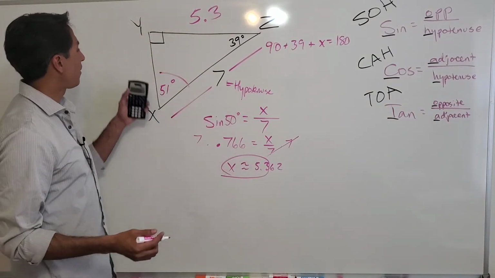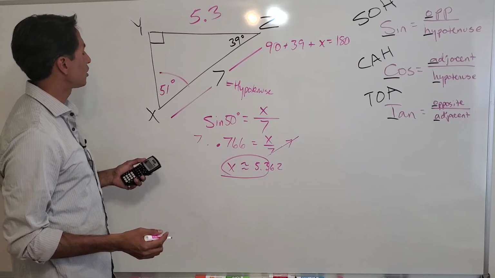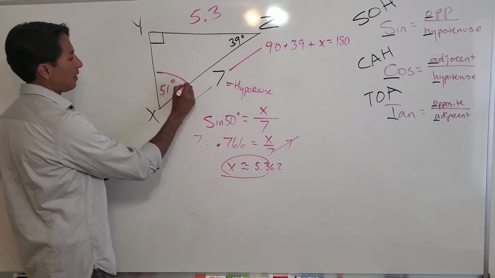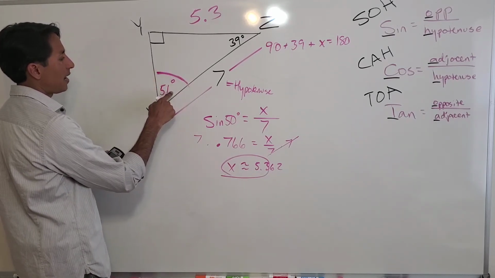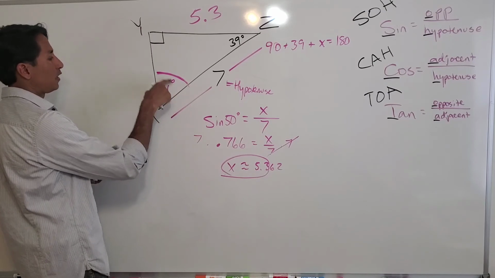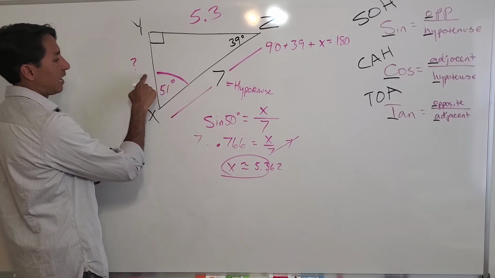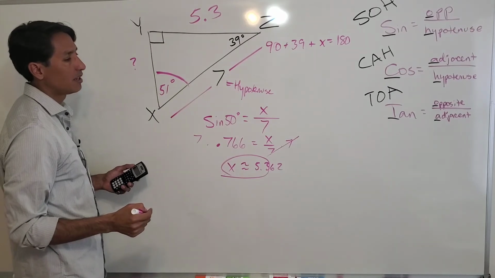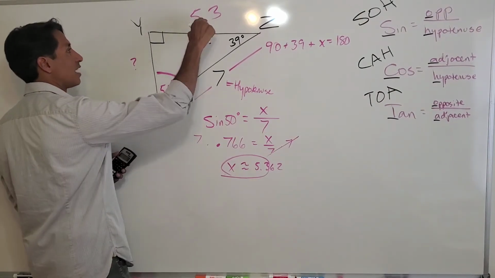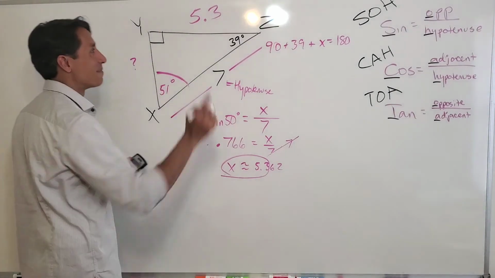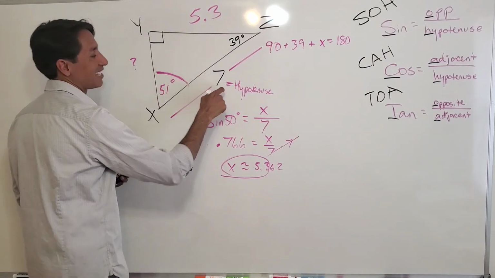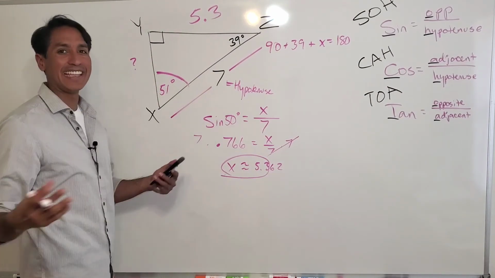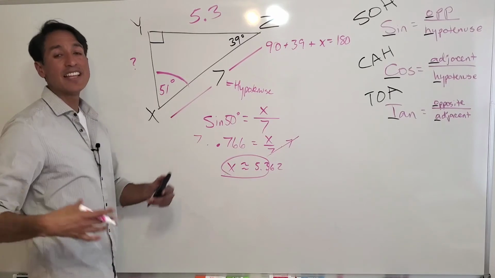Okay, and now I've got to get this guy over here. So do I have a measurement and a formula that would help me solve it using the adjacent side and the hypotenuse? Now you might be asking, well, Josh, couldn't I just use the Pythagorean theorem, a squared plus b squared equals c squared, and solve it that way? Yes. Will you get the same answer? Yes.